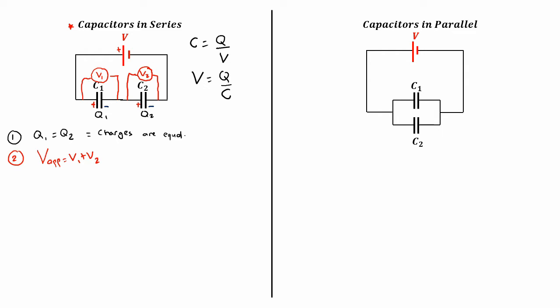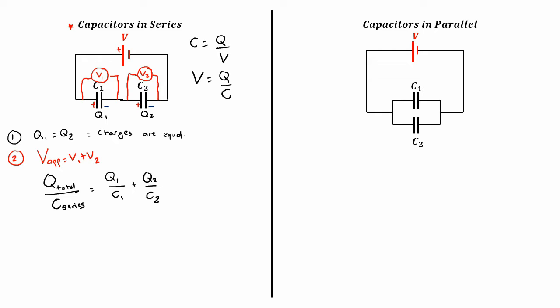So the applied voltage is nothing but the total charge in that combination divided by the capacitance in series. This equals the charge on 1 divided by capacitance 1 plus the charge on 2 over capacitance 2.